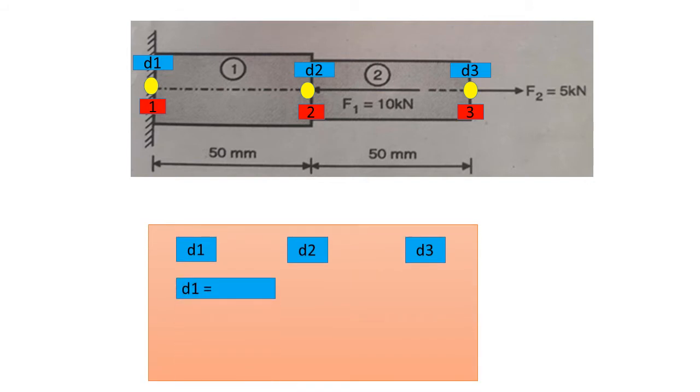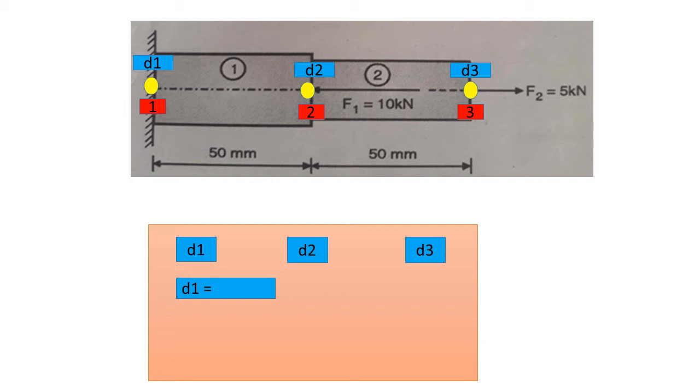As per question, we have to determine three unknown displacements, that is D1, D2 and D3. But as we can observe, at node 1 it is a fixed support.